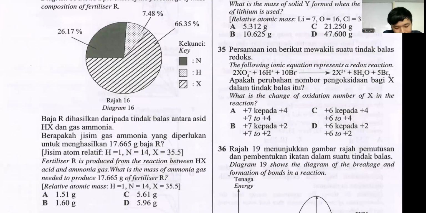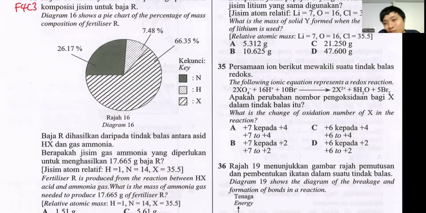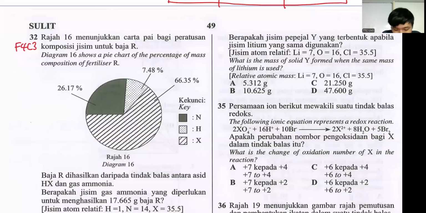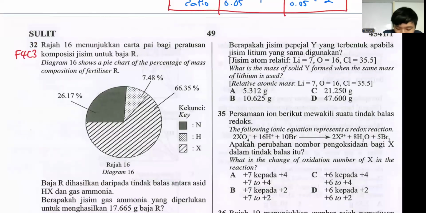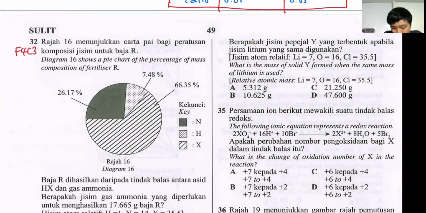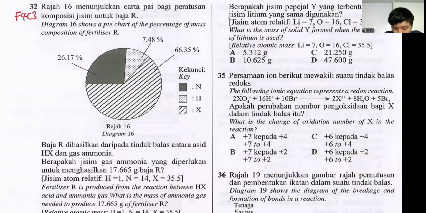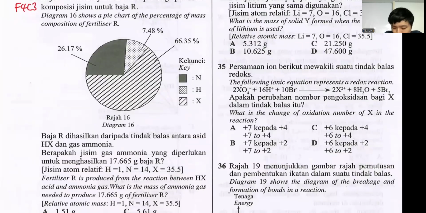So first of all, write the equation first. What's the equation? They say fertilizer is produced when HX acid and ammonia gas react.